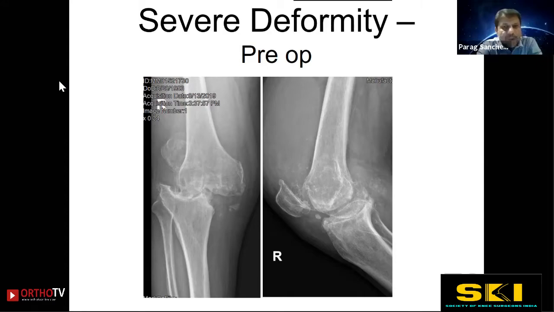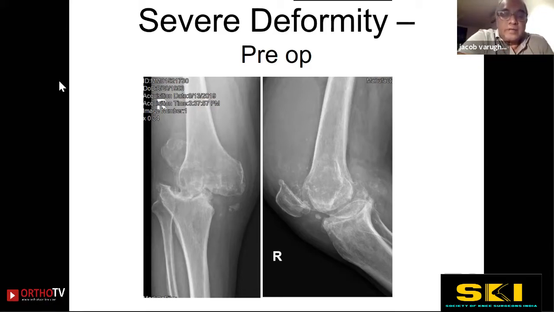And then the main question is about the MCL here, Jacob. I think the MCL will be intact most likely here, but I'll definitely keep a varus valgus constrained implant there. I don't think I'll need a rotating hinge. I think the MCL will be intact. The superior MCL is slightly deeper than this.